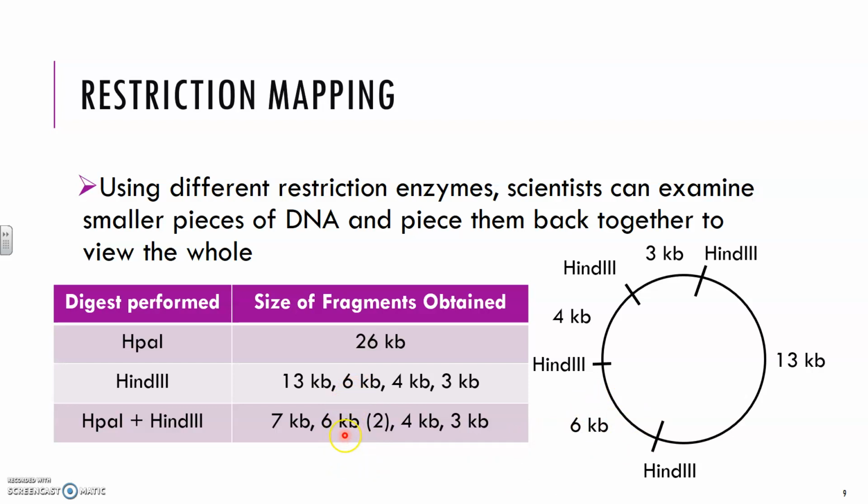But then you have another 6 and a 7, which if you add those together equals your 13 kilobase pairs. So your HpaI restriction site is actually in the middle of this 13 kilobase pair fragment, and you've got your 6 kilobase pairs and your 7 underneath that.